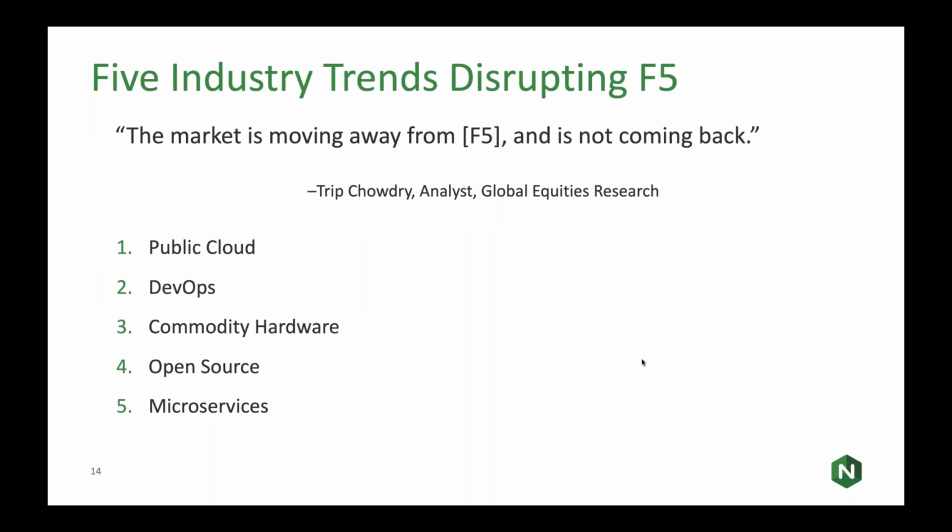So what I'll be going through is really how the public cloud is affecting proprietary hardware vendors, the effect that the DevOps function has had on change processes and becoming more agile in the application development process, how commodity hardware is changing physical infrastructure requirements versus proprietary hardware, the open source community and its effect on application development, and then what microservices require to be effective in the application development process.